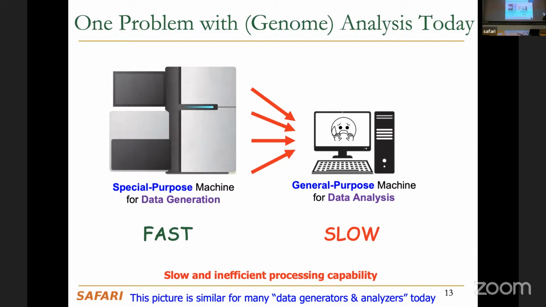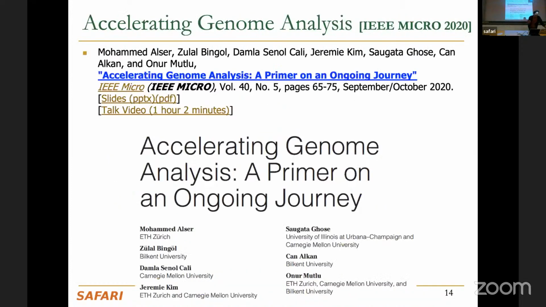It's designed to do so as fast as possible. But later, we analyze that data using general purpose machines like CPUs or GPUs, and in the end this leads to slow processing as well. That's one of the things that we try to solve with our research.